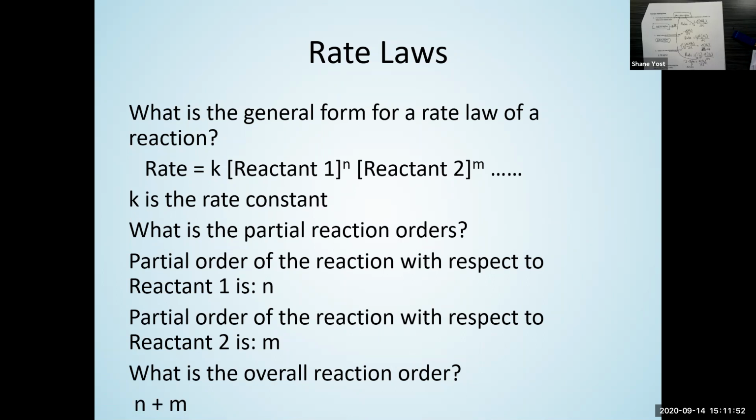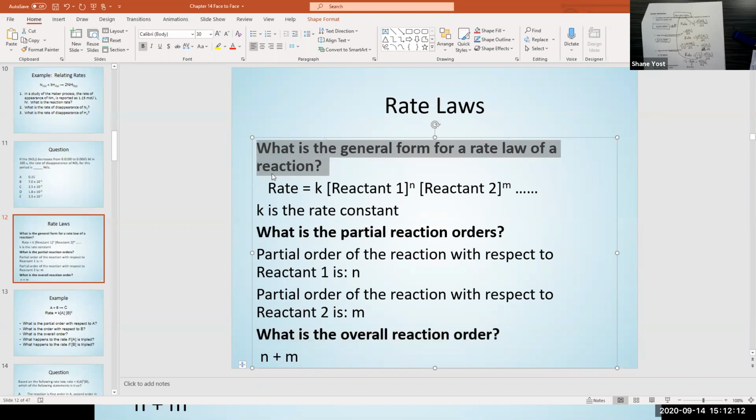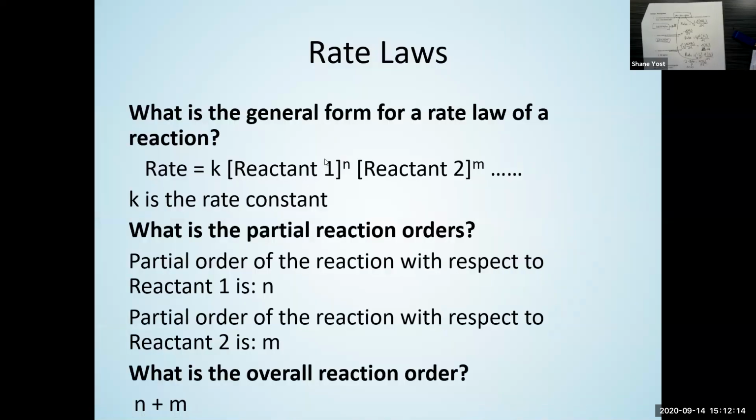And then the partial order with respect to a specific reactant is just its specific power in that rate law. That is what a general rate law looks like, and that's how the partial order with respect to certain reactants and the overall order are defined.